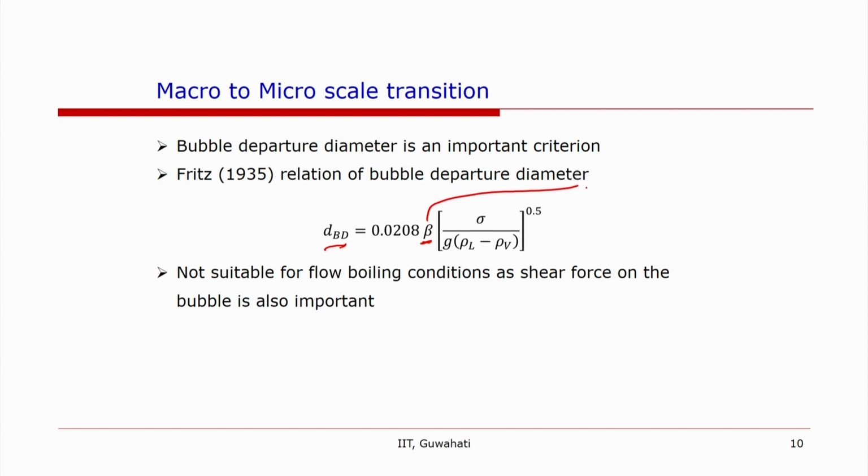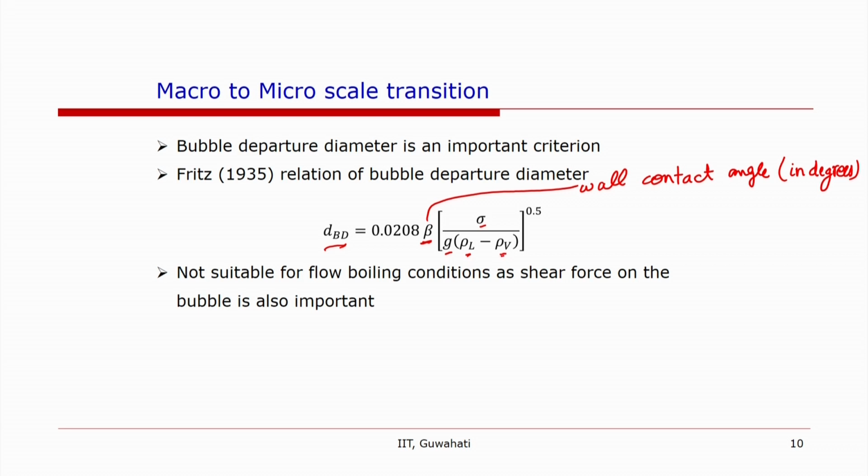Beta is the wall contact angle, in degrees, sigma is surface tension, g is gravity, and rho L minus rho V, where rho L is the density of the liquid phase and rho V is the density of the vapor phase.